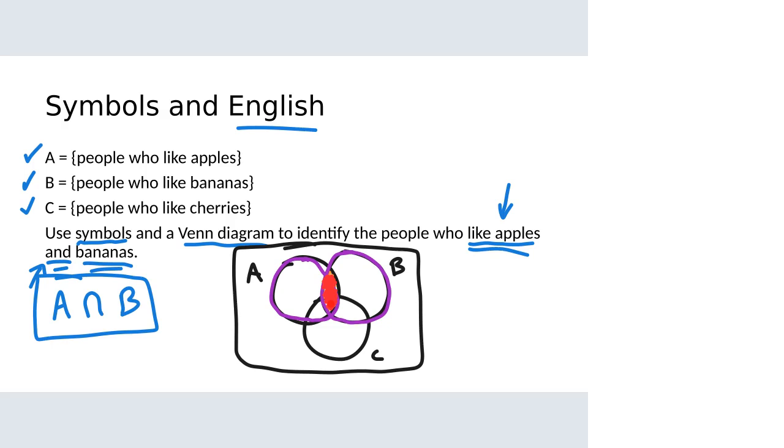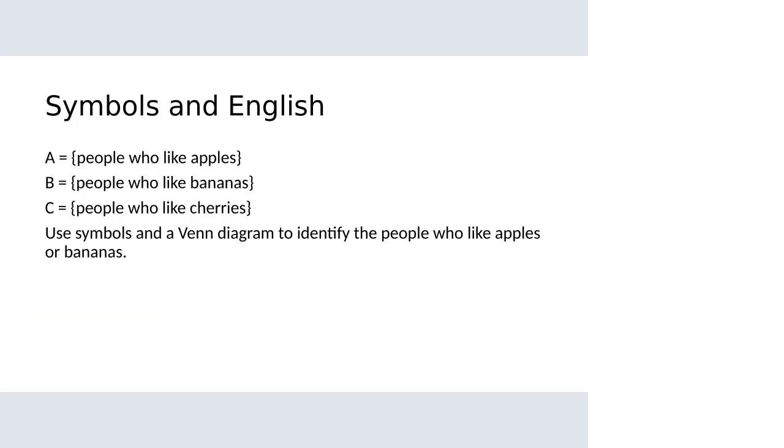We're going to try a couple more of these. Okay, so I have the same 3 sets. Use symbols and a Venn diagram to identify the people who like apples or bananas. I'm going to give you a chance to try this. I'm not going to make a poll for it or necessarily ask you about it. I just want to give you a chance to try it before I go ahead and dive in. So we're after 2 different things here.